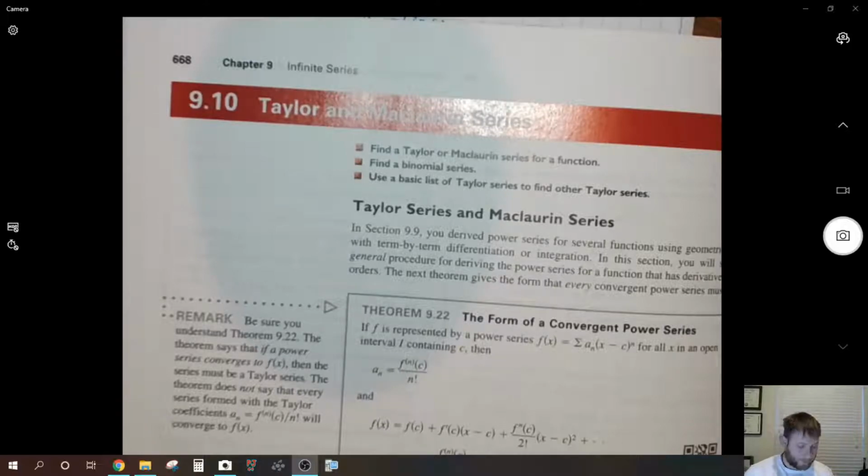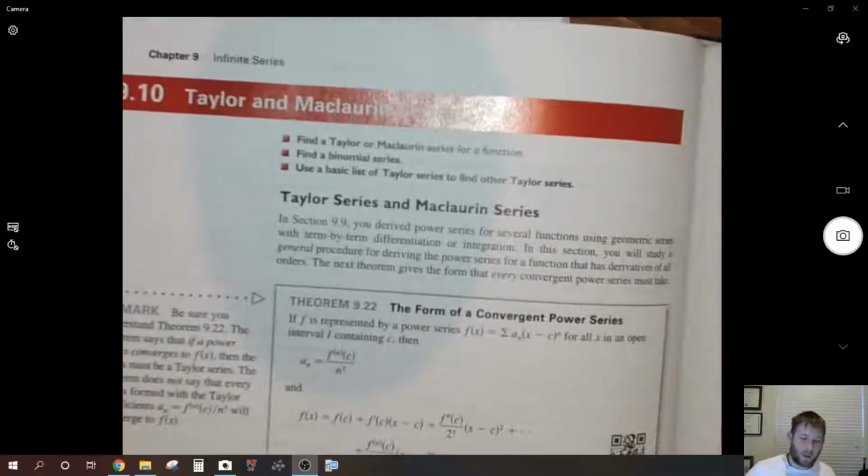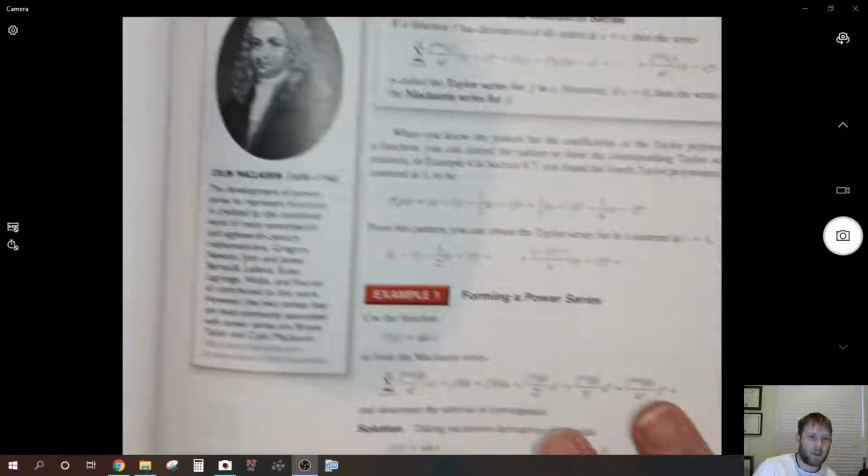We've already alluded to the Taylor and Maclaurin polynomials, and if we continue, as opposed to stopping at the fifth or fourth degree polynomial, and keep going for the nth term and beyond, we find that we have the Taylor and Maclaurin series itself.